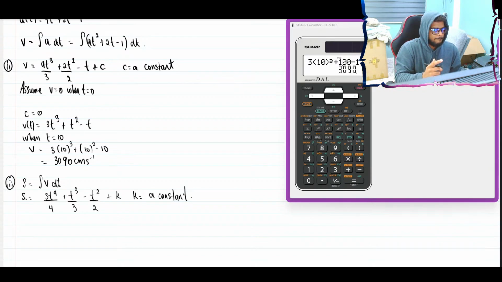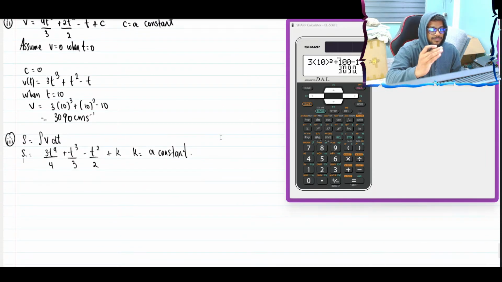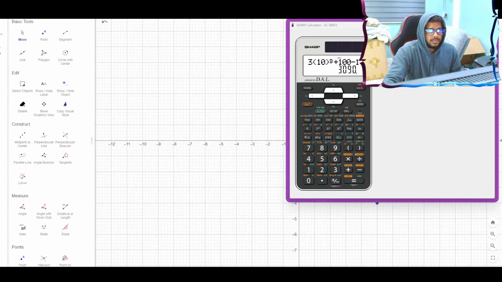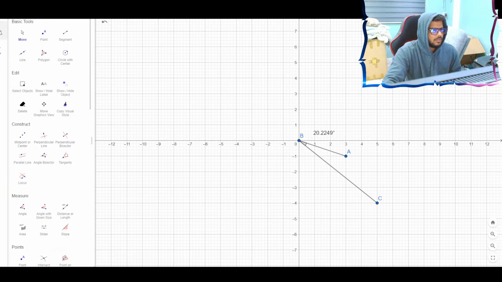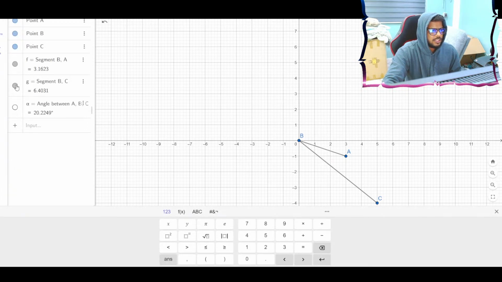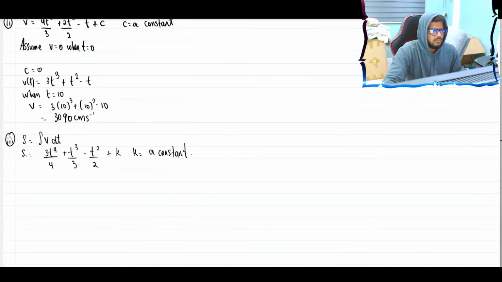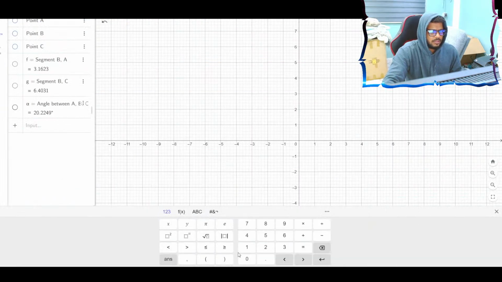I wouldn't really go into depth, but we can take this step by step. Let me just check something here to see if it makes sense. 3t cubed plus t squared minus t.